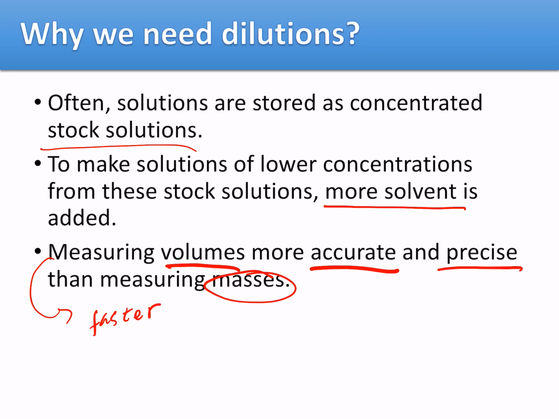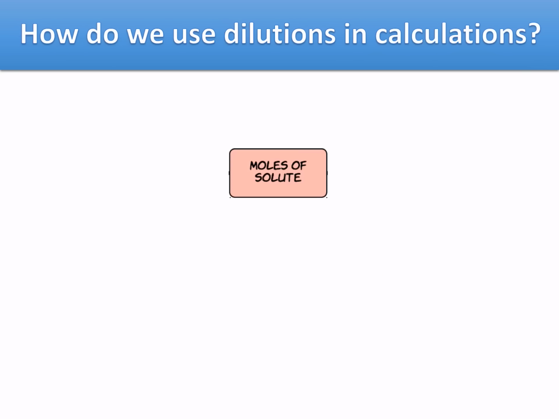Now, how do we use dilutions in calculations? Because after all, this is all that matters at this point. So let's focus for now on the moles of solute. What we are saying about moles of solute is that they are constant during a dilution. It doesn't change, because all you are doing is adding more solvent.